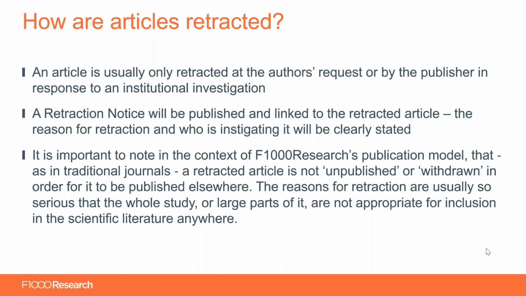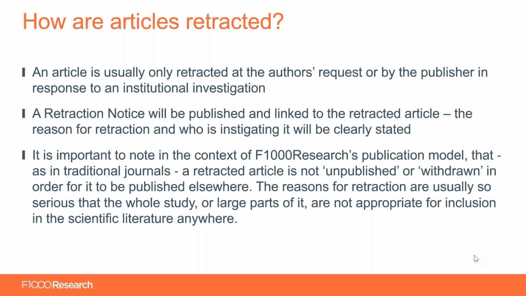An article is usually only retracted at the author's request or by the publisher in response to an institutional investigation. So for any retracted article, the reason for the retraction and who is instigating the retraction will be clearly stated in the retraction notice. The retraction notice will be linked to the article, which usually remains on the site, and the article will be clearly marked as being retracted, including the PDF.